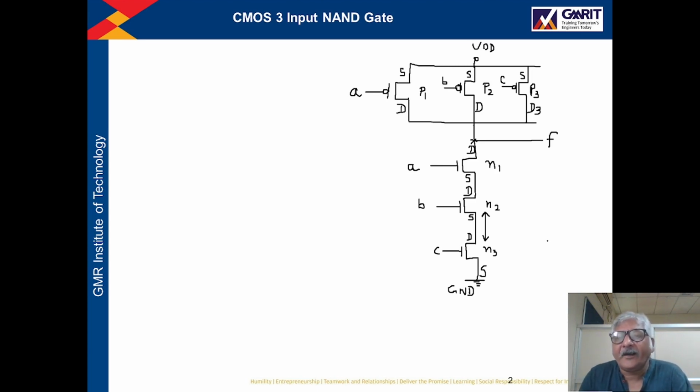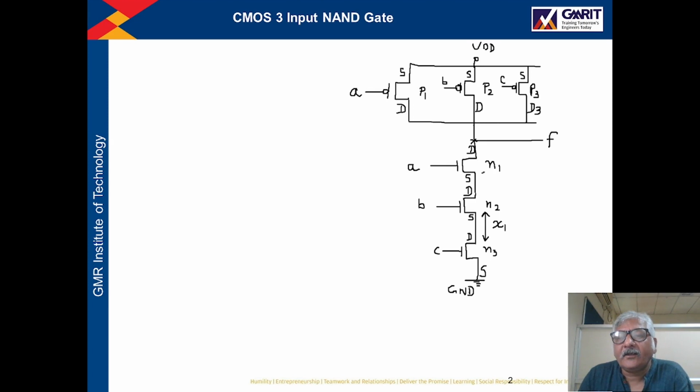It is not connected directly to inputs or output or VDD or ground. So this we have to declare as a wire, and we will give it the name X1.